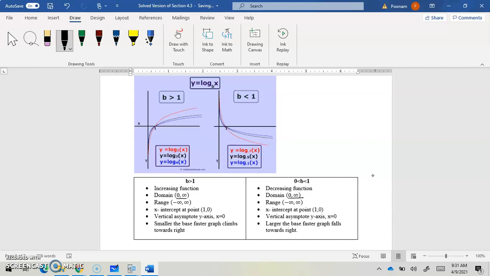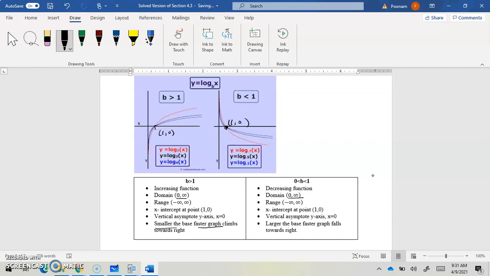Both log functions, it does not matter the base, they always pass through the point 1, 0 on x-axis. This point is 1, 0. Vertical asymptote. Y-axis is the vertical asymptote for this graph. Now in base, if base is more than 1, smaller the base, faster the graph climbs towards right.